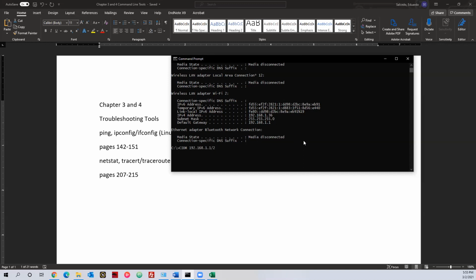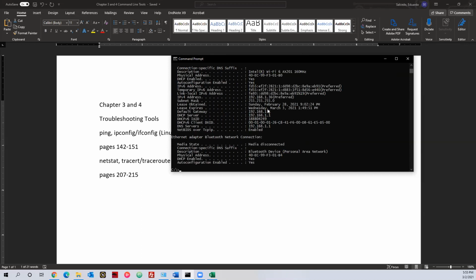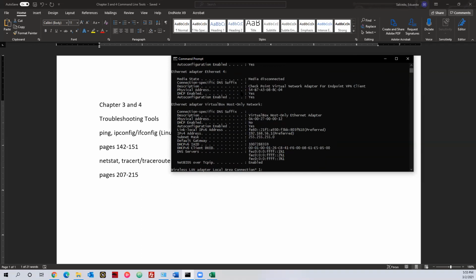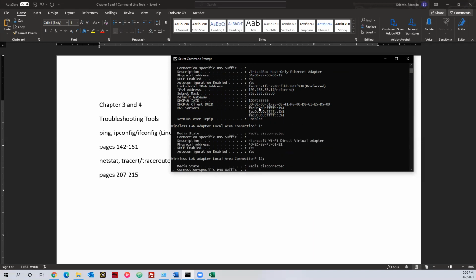Yeah. All right. There is another command with ipconfig that gives you a little bit more information. What would the physical address be, for example? MAC address. Yes, the MAC address.